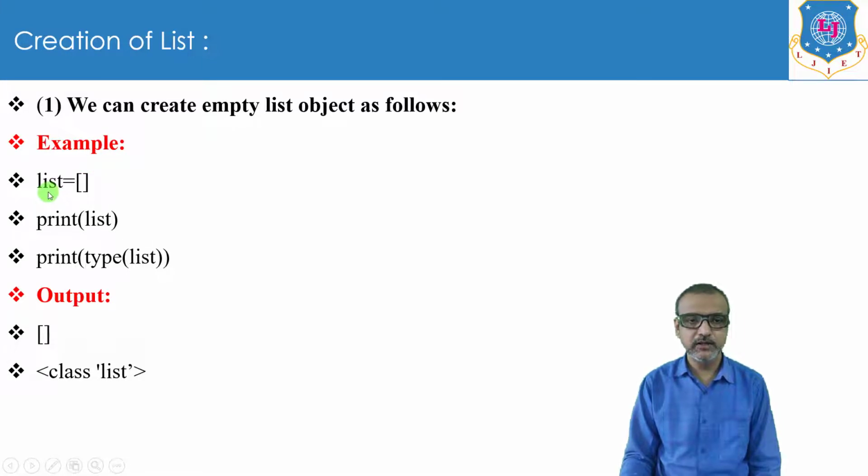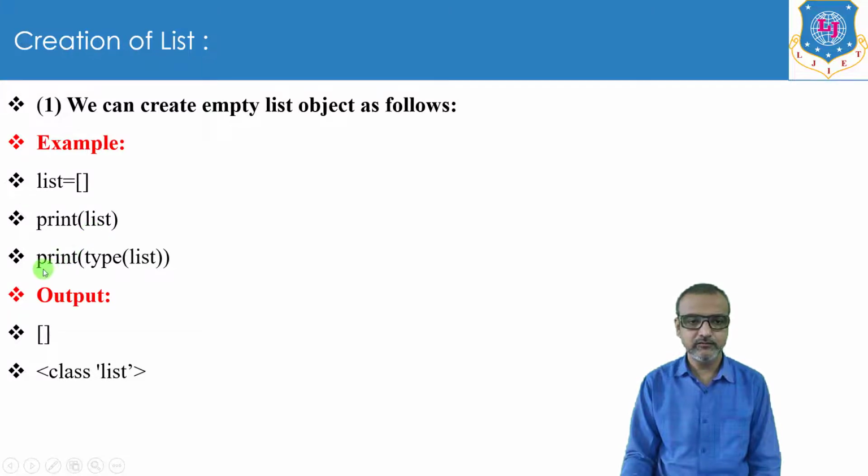This is nothing but a variable that is equals to, in square brackets we have entered nothing. In this way we can create an empty list. Then after print of list will print the elements present in the list. But as there are no elements present in the list, it will print an empty list.